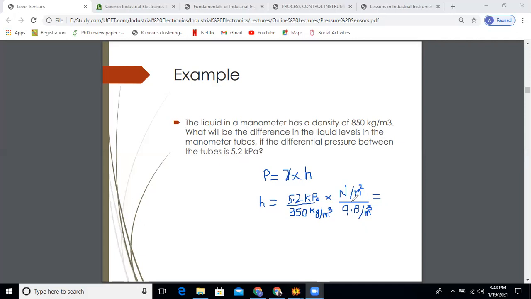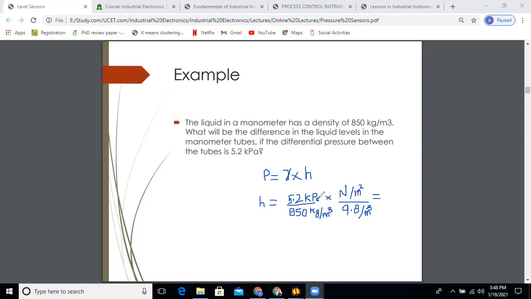So we converted the Newton per meter square by 9.8 meter cube, and by calculating these values, the answer will be in centimeters, as meter square and meter cube will be cancelled with each other, and kilogram per meter cube and Newtons, and Pascals are also equal to Newton per meter square.